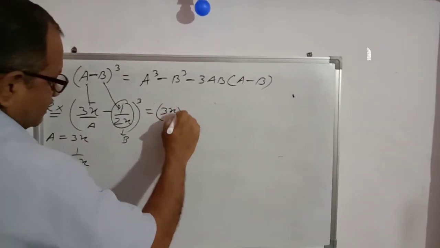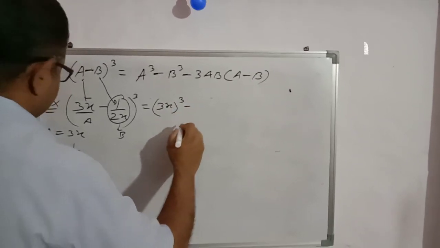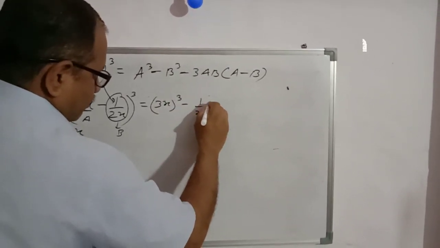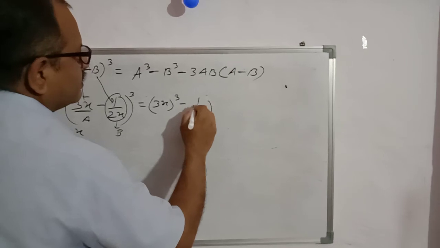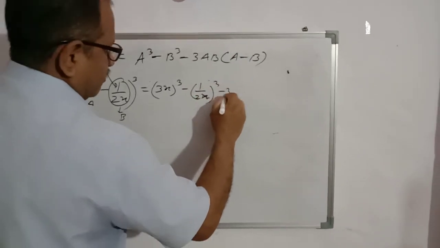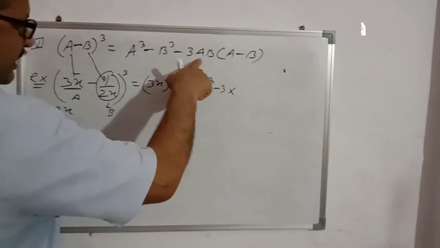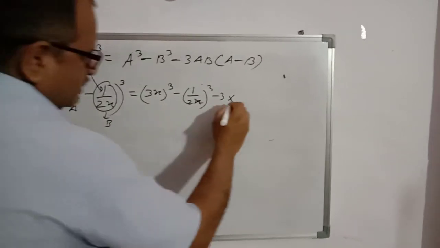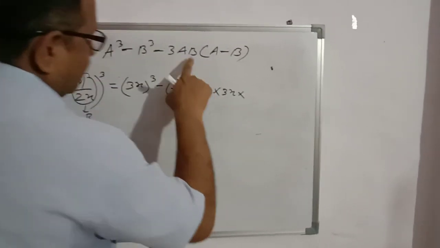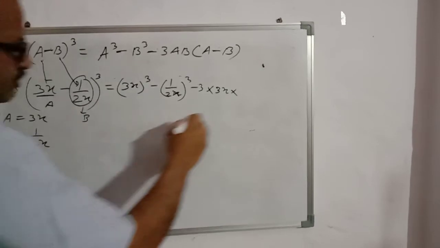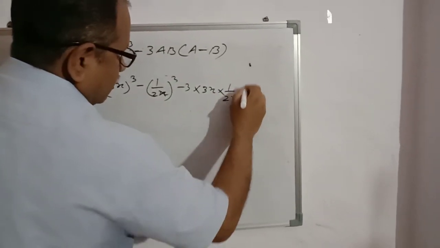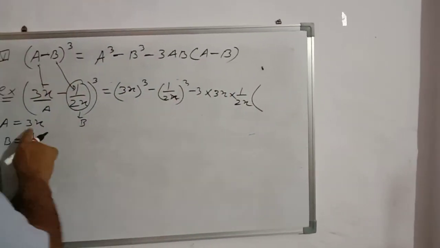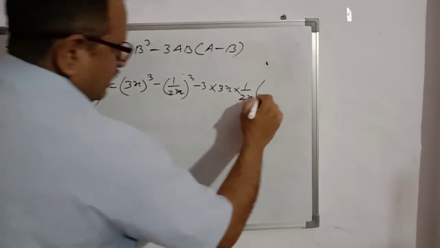On the right side we put (3x) whole cube minus (1/2x) whole cube minus 3 into a, which is 3x, multiplied by b, which is 1 by 2x, in bracket (a - b).